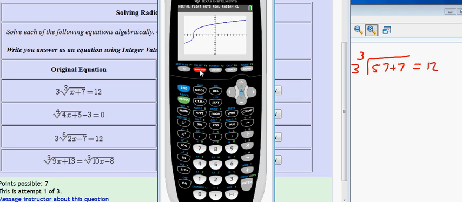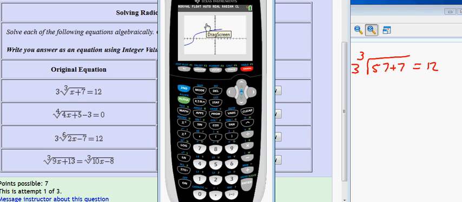So step 1 would be go to my window, go down to y max, and say, hey, I want to see higher than 10. Since my graph goes horizontally through 12, let's go a little higher and say 15, and regraph it. This way, y equals 12 is actually viewable in my window.